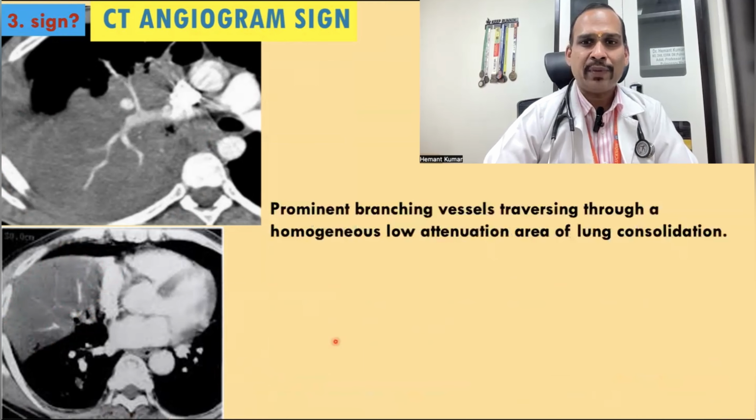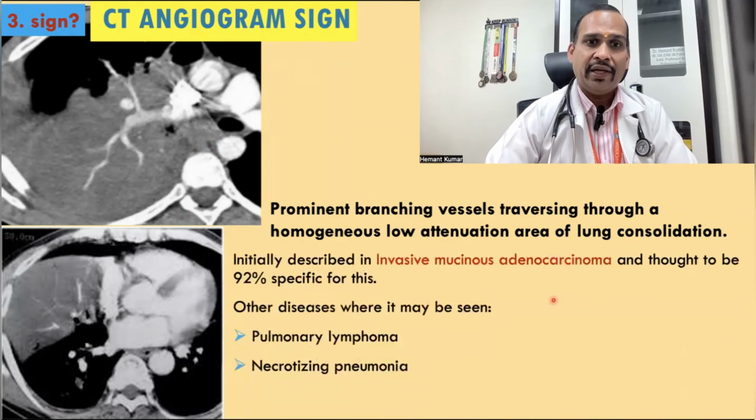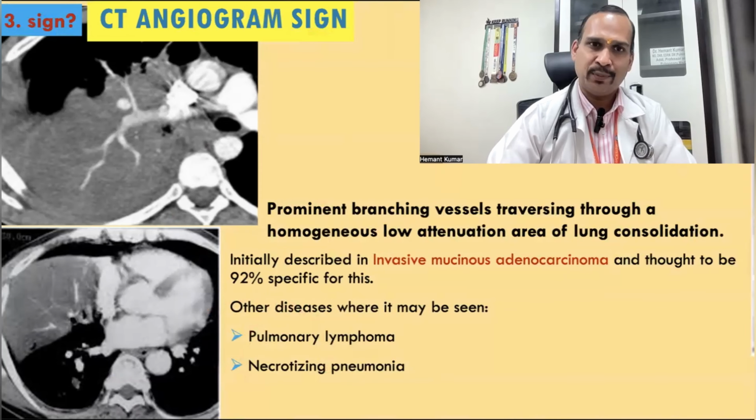It is a prominent branching vessel traversing through a homogeneous low attenuation area of lung consolidation. Initially it was described in invasive mucinous adenocarcinoma, and it is 92% specific for that. But nowadays further studies show that other diseases may also have this sign, like pulmonary lymphoma or necrotizing pneumonia.